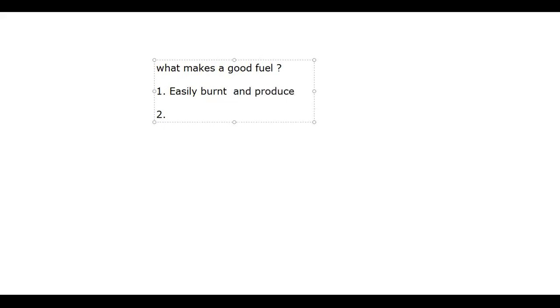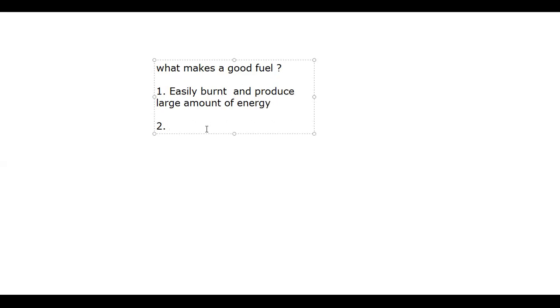One, it must be easily burned and produce a large amount of energy.